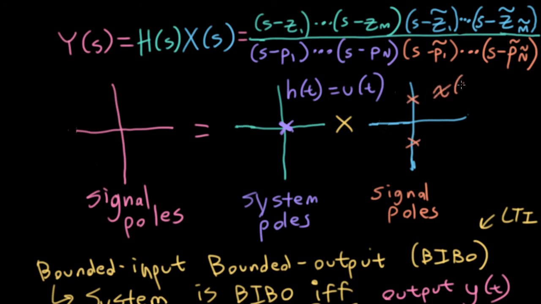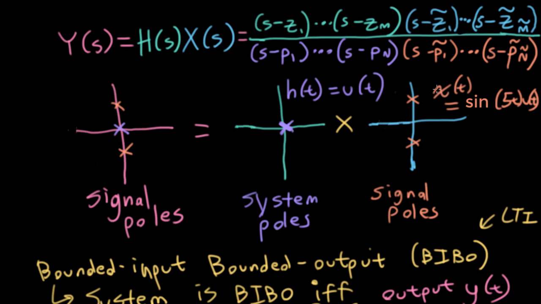And suppose I input some sort of sinusoid. So here I'll have x of t equal to, say, sine 5t u(t), one of these instant-on sinusoids. When I multiply these things together, I'll wind up with a system pole here in the middle, and then I'll wind up with my complex poles associated with that sinusoid.